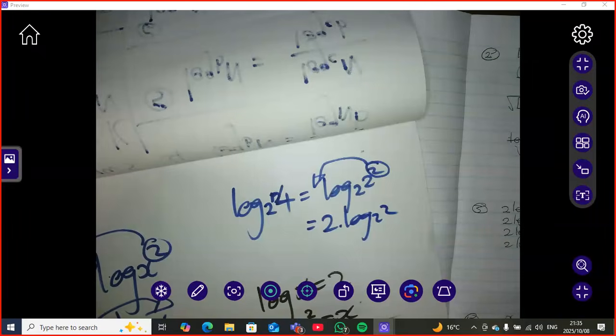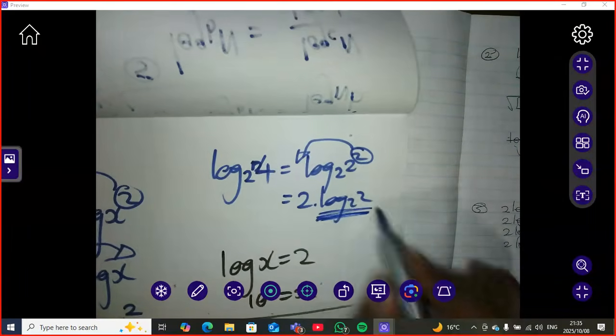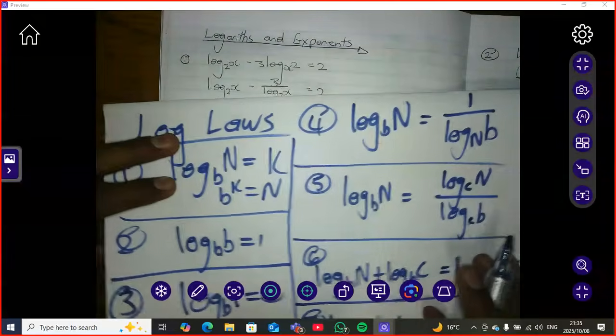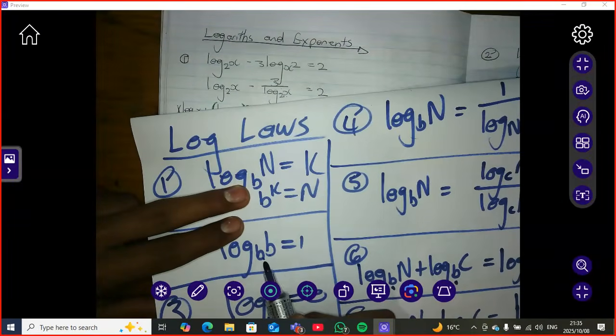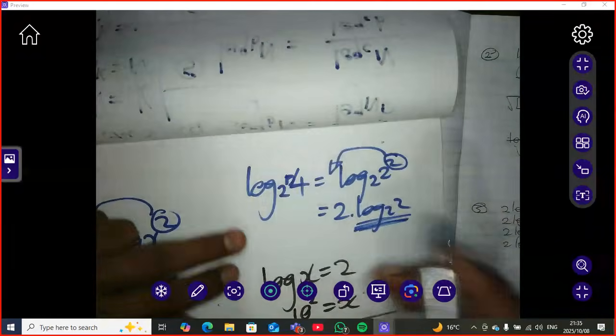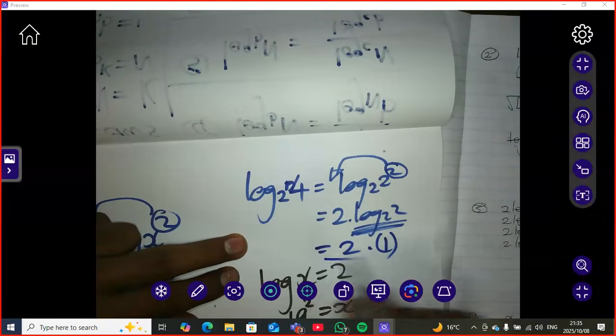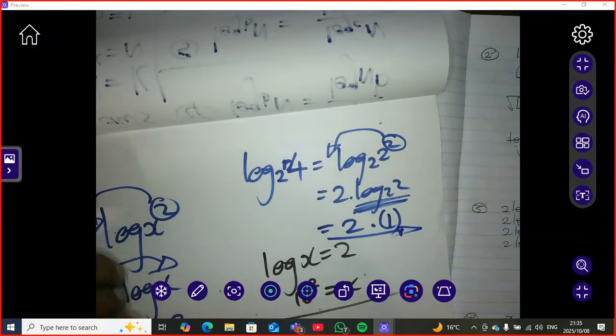Then this is one of your rules: when the base is the same as the number, it's equal to one. Rule two. So then I can write this as two times one.